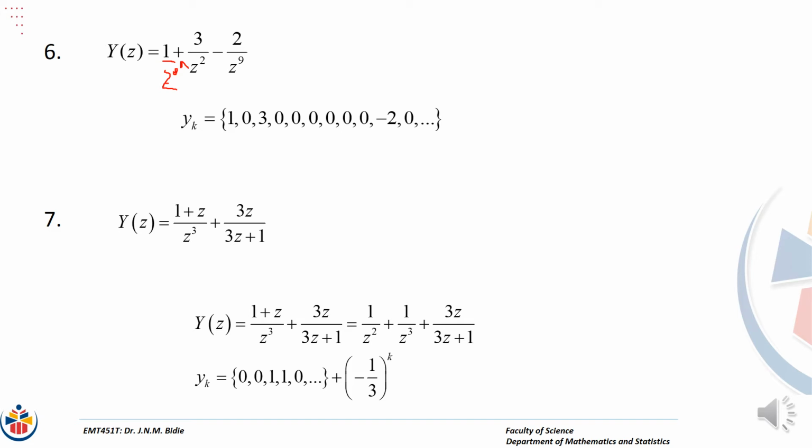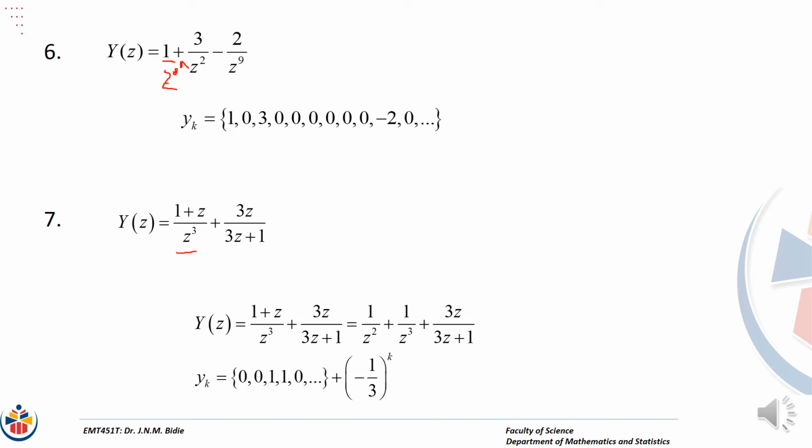Once again, we go to number 7. Now we have a combination of two terms. Recognizing that 1 plus z is being divided by z cubed, what you need to do is to divide each of those two terms by z cubed. So we'll have 1 over z cubed plus z over z cubed.